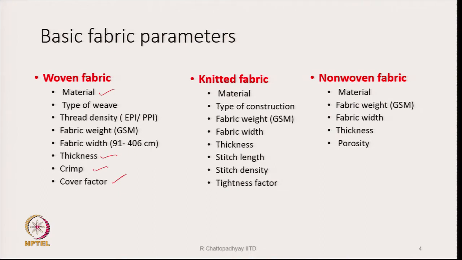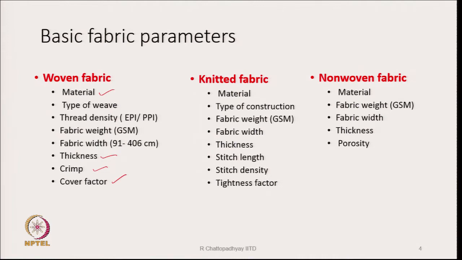So, whenever design comes, we have to actually give the details, that is, this fabric should be made from this material, this should be type of weave, this should be EPI, PPI, this is the GSM that we need, and this kind of thickness is required, this should be the cover factor. So, these are all part of the detailed design.